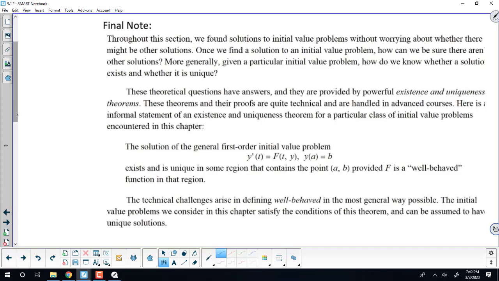You can guarantee that something's unique, but a combination of both of those is a difficult thing to do. For us, we don't have to worry about that because everything we see exists and is unique. For those of you interested, it's just there as a note. So that's the initial value problems.